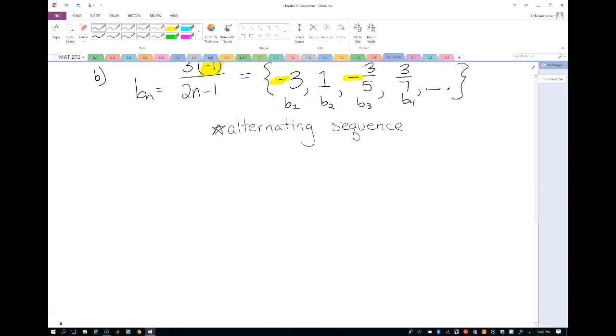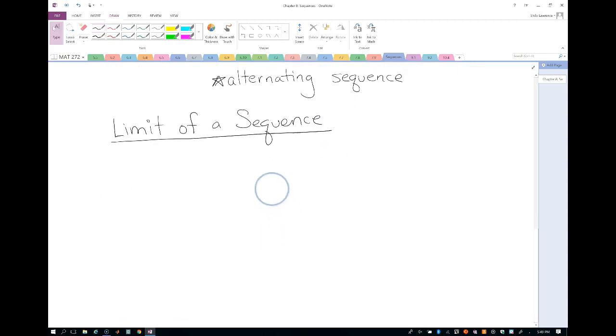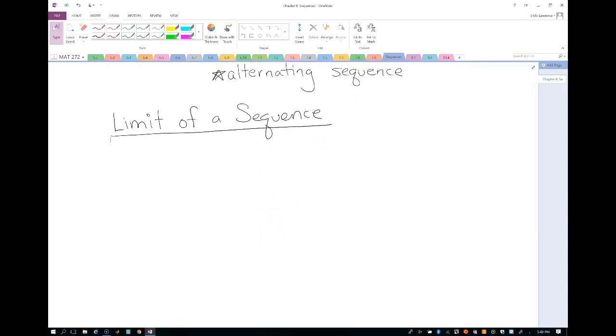Probably the most important thing of this whole section, and for understanding sequences, is being able to find the limit of a sequence. And the limit for a sequence, we work the exact same way we do the limit for a function, like in Calculus 1.